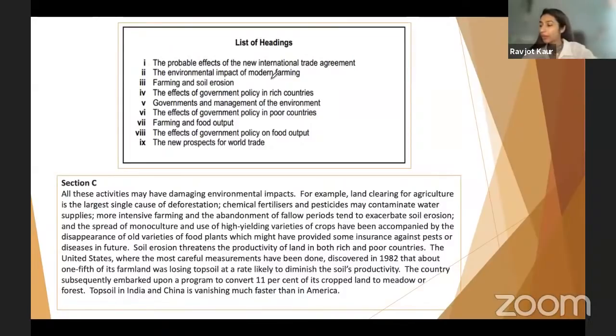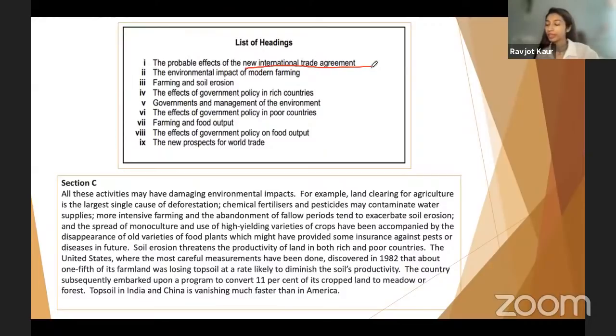Okay, does this paragraph talk about the probable effects of the new international trade agreement? Can you tell me, Shubham, where they're talking about the new international trade agreement? Because we need to justify whatever heading we are choosing.